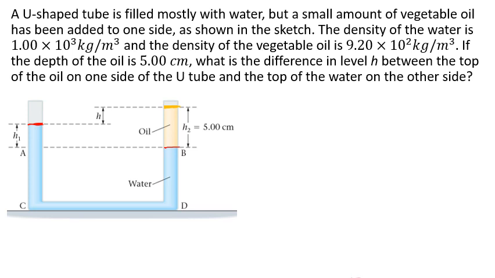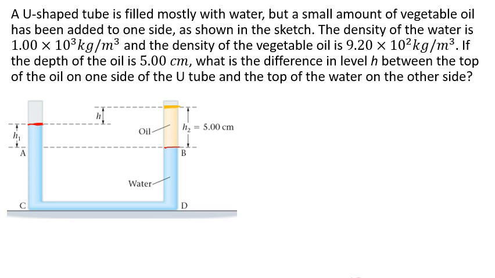We have been given the density of the water and the density of the vegetable oil. The water density is 1000 kilograms per cubic meter and the vegetable oil density is 920 kilograms per cubic meter. That means the vegetable oil density is less than the density of water.